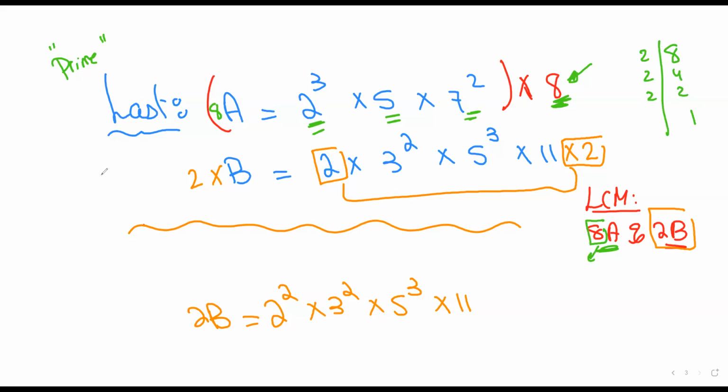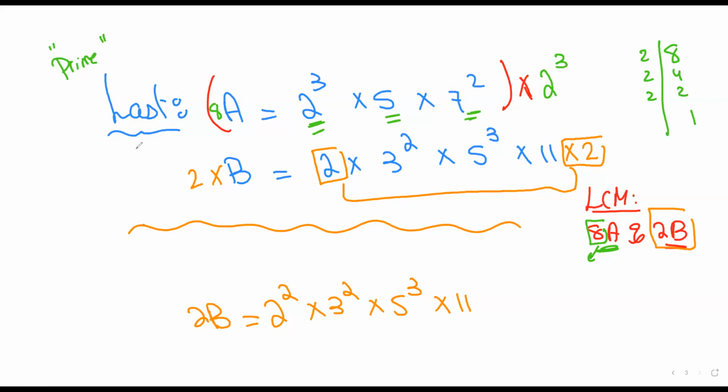So basically in this question, after I multiplied by the 8, I will remove this 8 and put its prime factorization, which is 2 power 3.